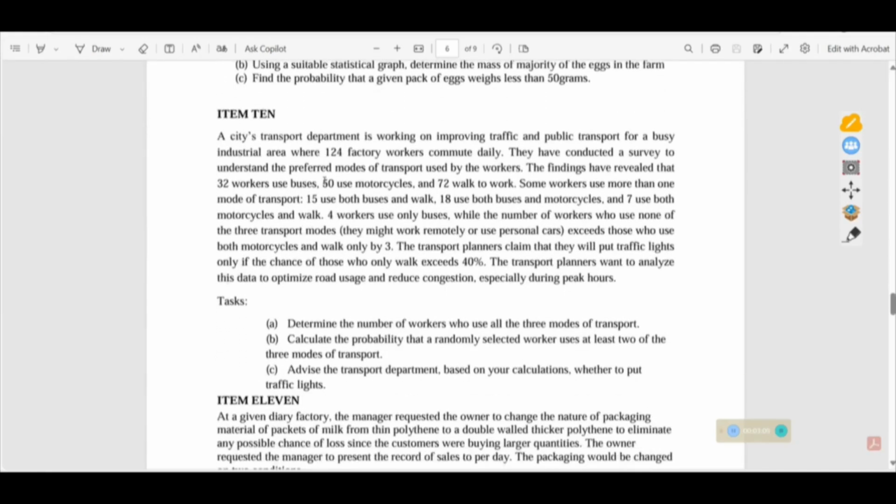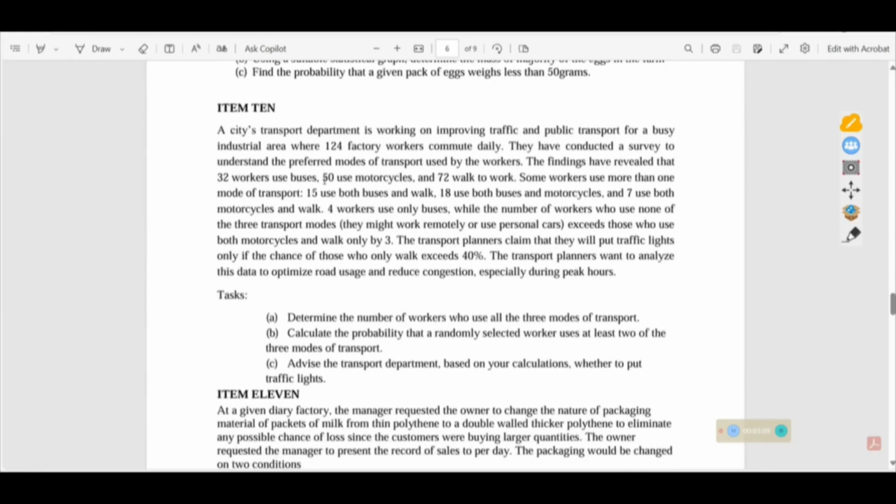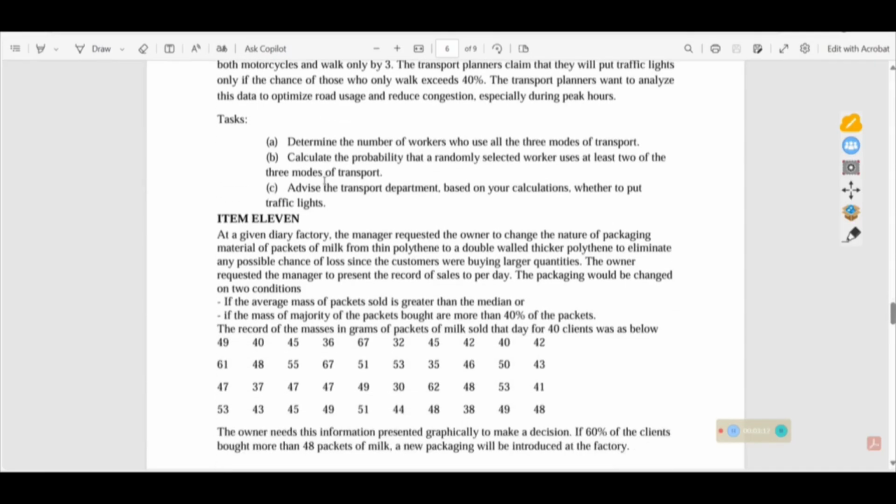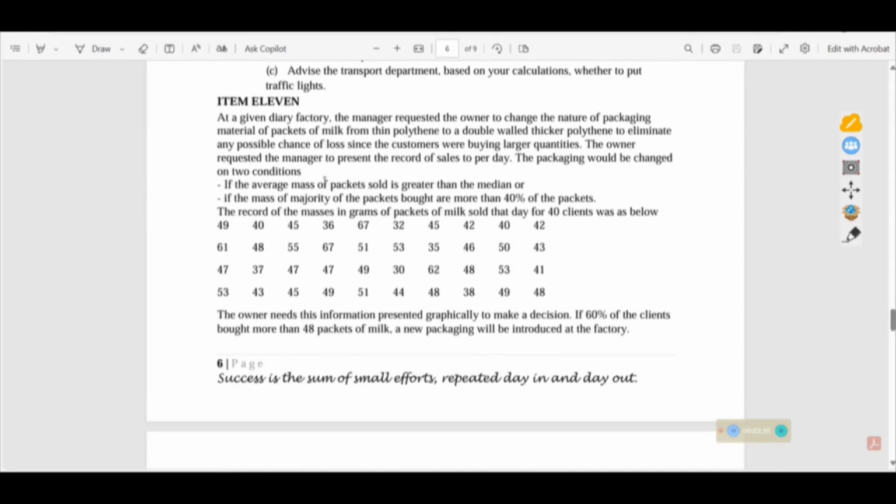Then here is item number 10. Item number 11.